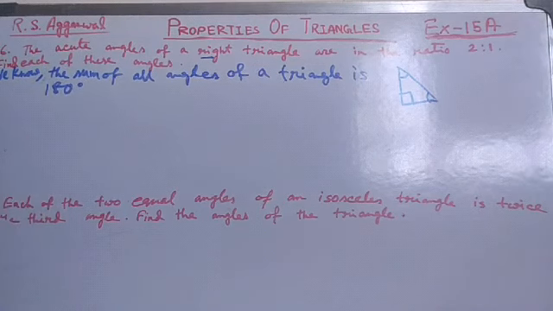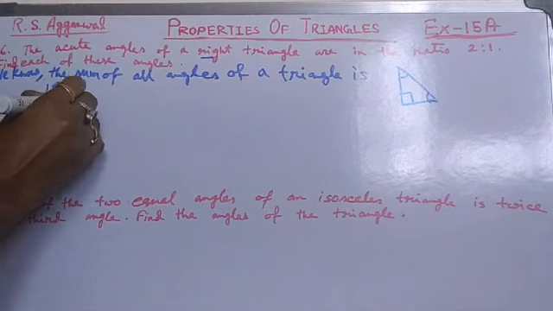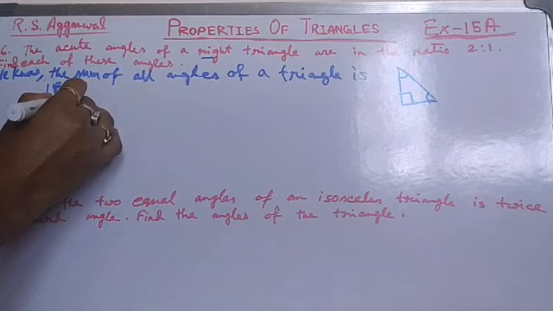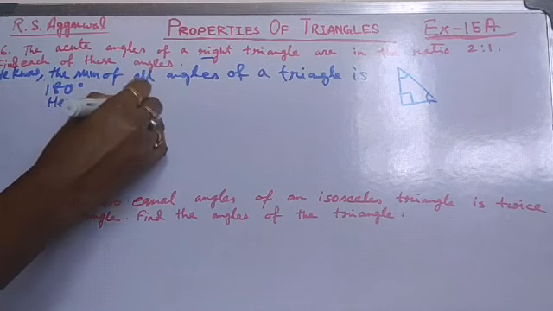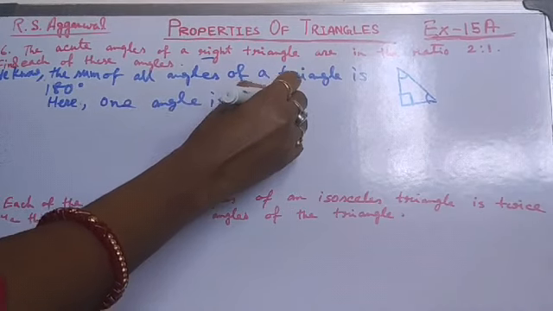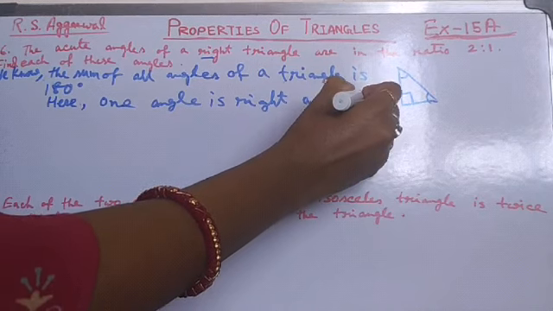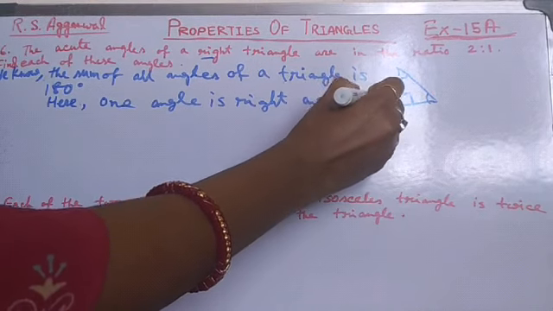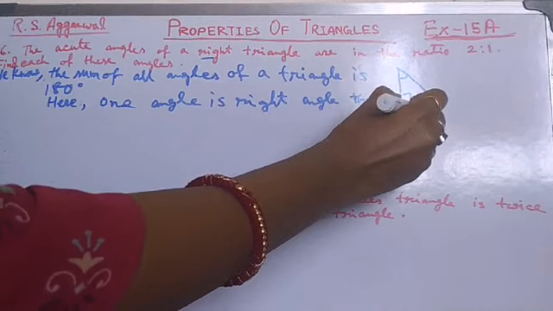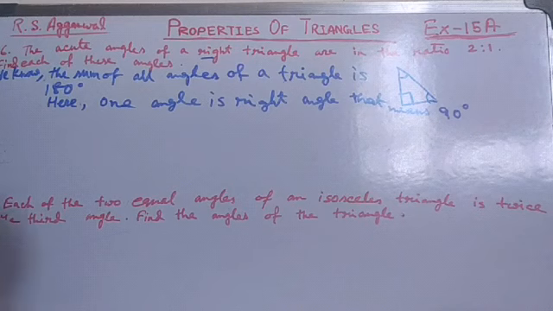So here one angle is right angle, that means 90 degree. So we have to find the other two angles.